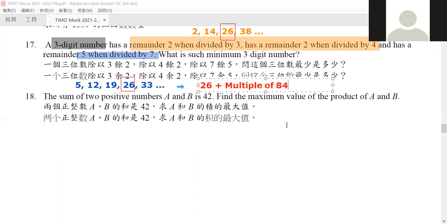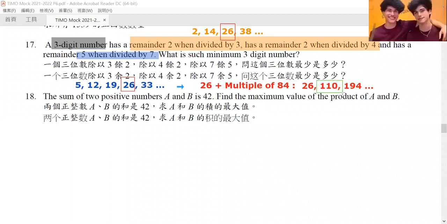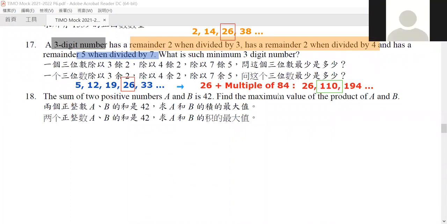We can just list all the numbers out: it starts from 26, then the next one is 110, then 194, and so on. Which one is the smallest three-digit number? The smallest three-digit number is 110. So 110 is our answer.